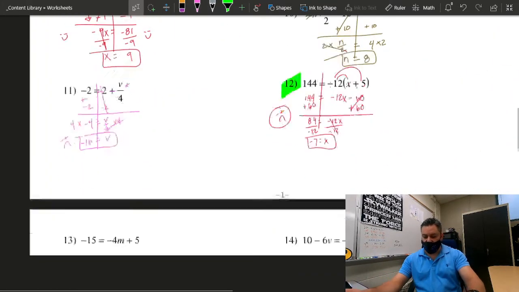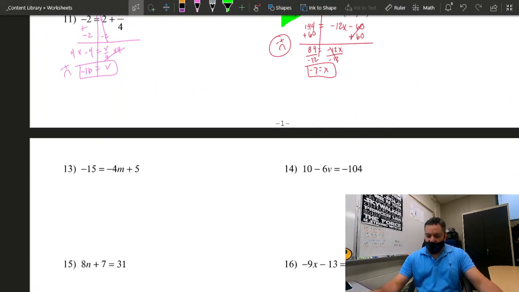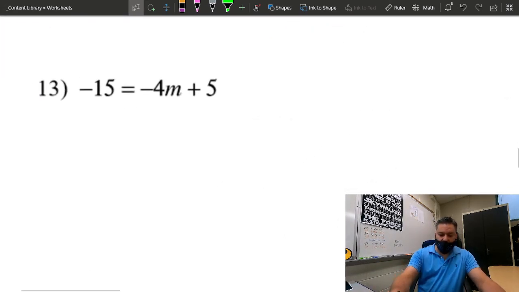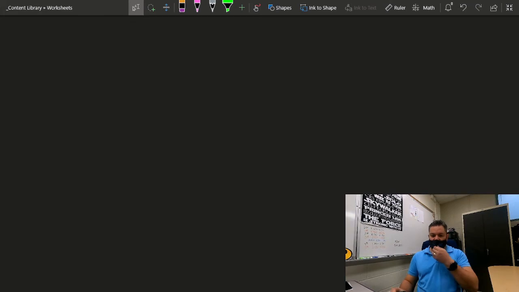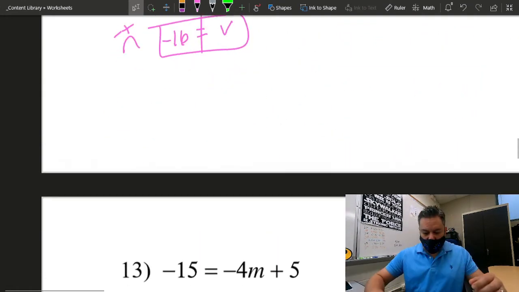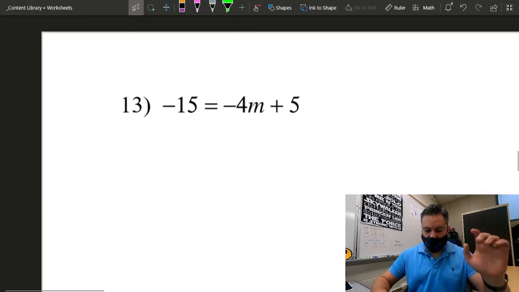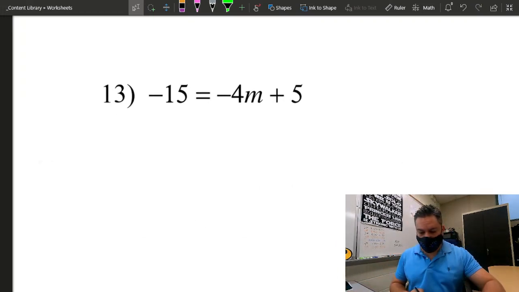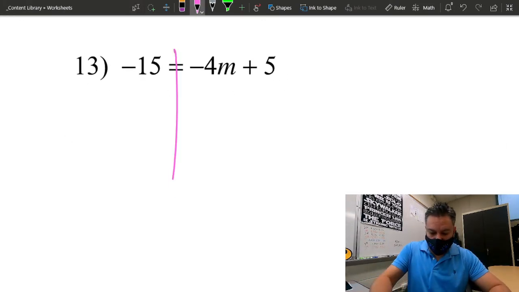Very good. Number 13. You want to flip it or leave it like that? Leave it. All right. What is the first thing that we have to get rid of? The 5. What is the 5 doing? It's adding.